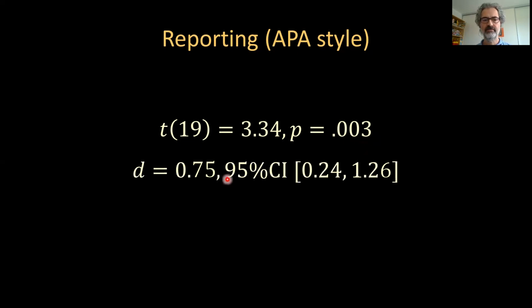This confidence interval for d runs from a positive to a positive number, so it does not include 0, and that's why the difference is statistically significant, because a 0 effect size is not included in its 95% confidence interval.